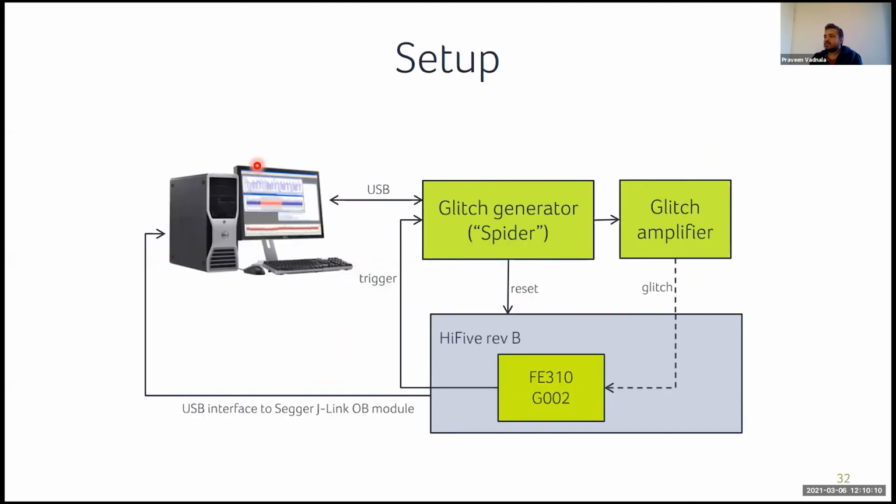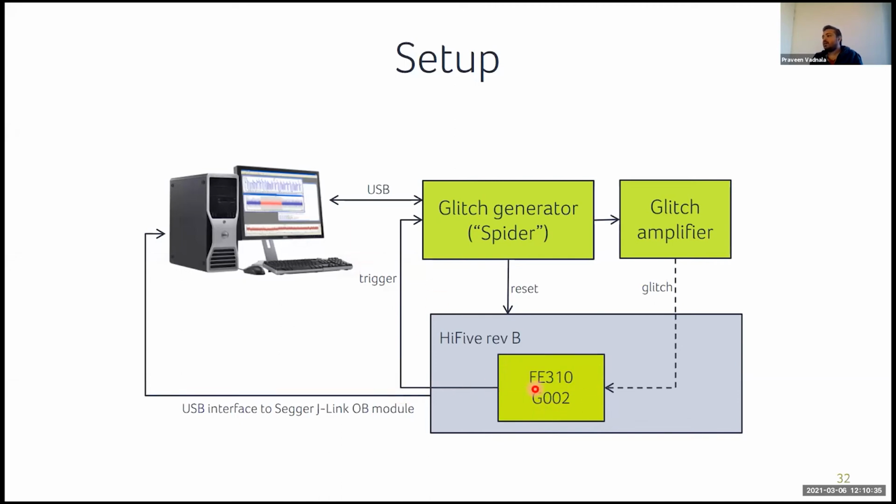So this is what a typical setup looks like. We have the glitch generator to generate the voltage glitches, and a glitch amplifier, which amplifies the given voltage glitch, which will be provided to the chip or the target in this experiment.